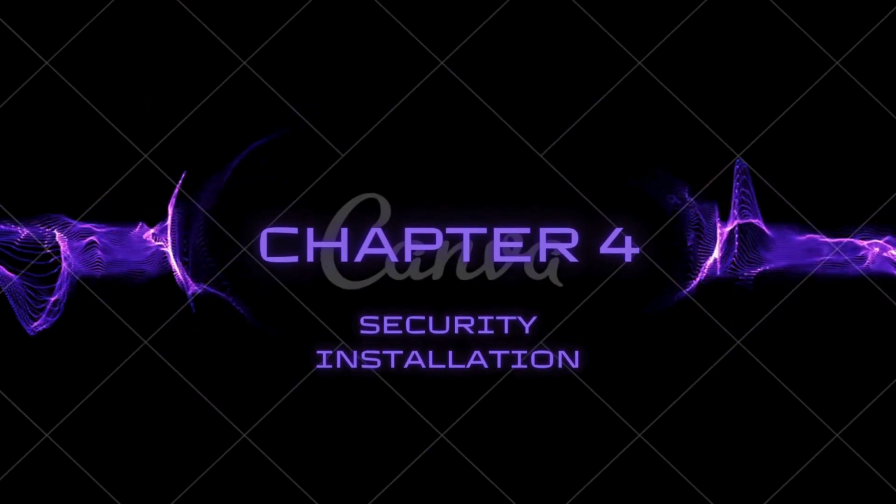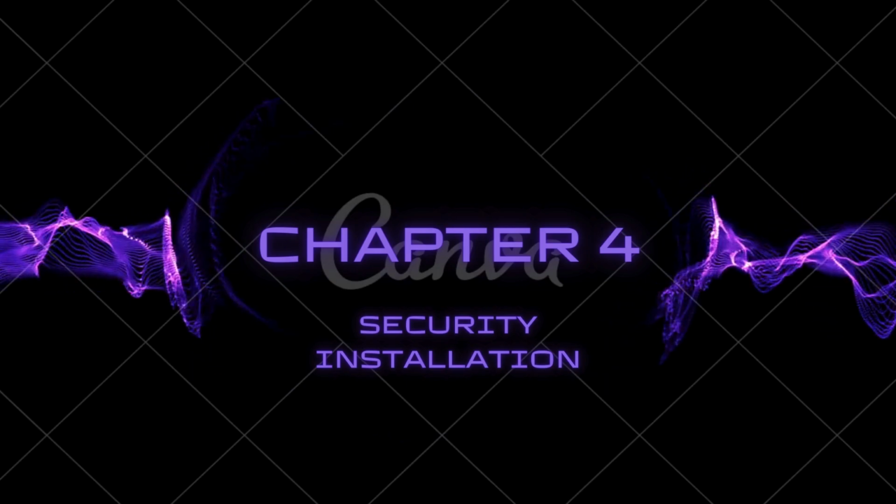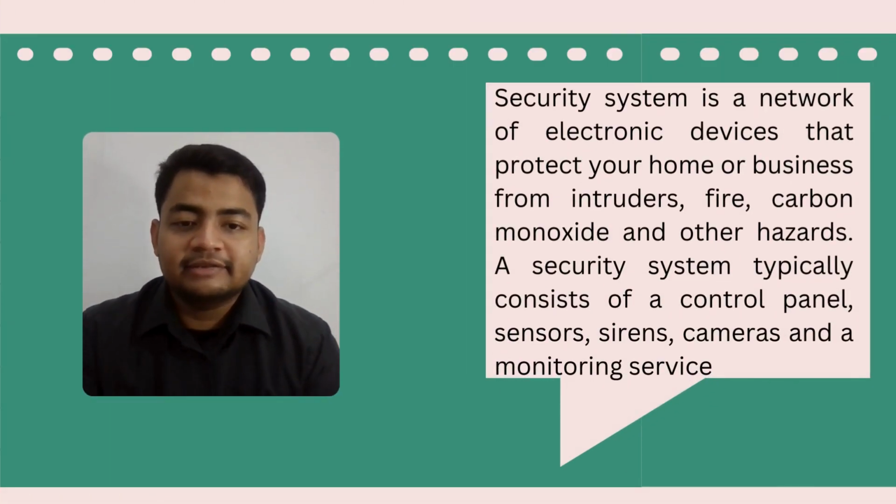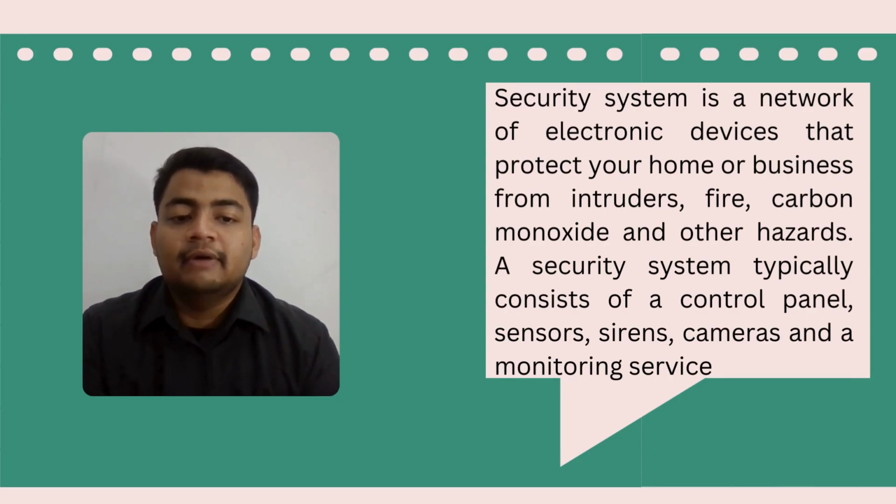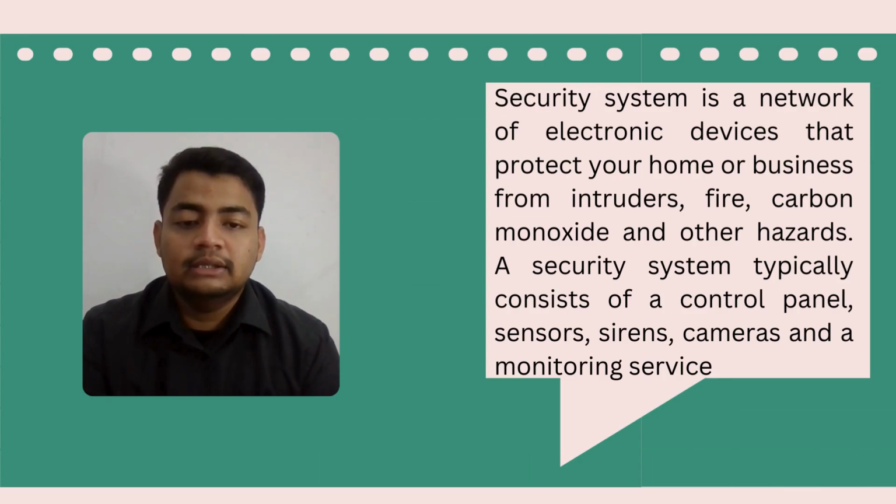Chapter 4, Security Installation. A security system is a network of electronic devices that protect your home or business from intruders, fire, carbon monoxide, and other hazards. A security system typically consists of a control panel, sensor, siren, camera, and a monitoring device.